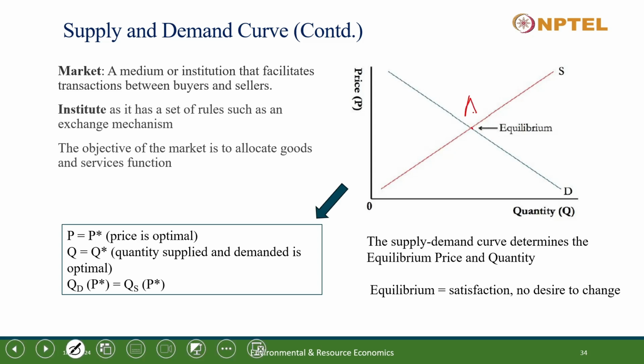That is my point A. This is my optimal quantity Q star, and this is my optimal price P star. So P star and Q star are the equilibrium price and equilibrium quantity which will be traded in the market.